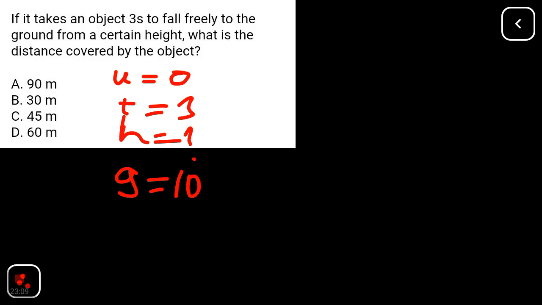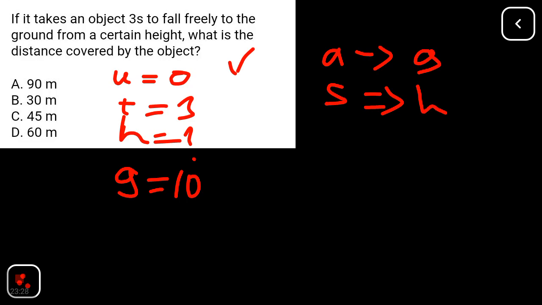But for our case, JAMB and other things, use 10 to make it easy. Now you're given all of these things, you're not given v. In free fall, acceleration is replaced by g and the distance is replaced by h. So this is the same thing as the distance.